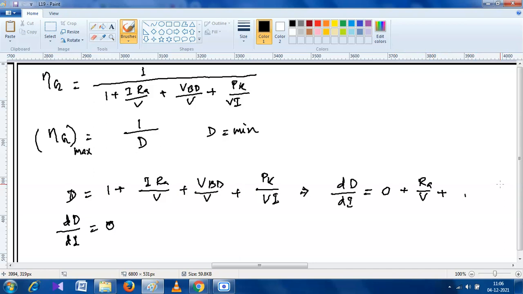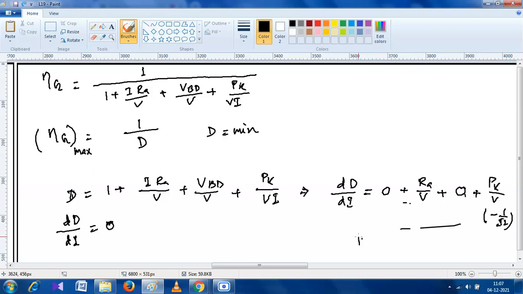The VBD and V are constant, because we consider the brush voltage drop constant and the supply voltage constant. So the term VBD by V is a constant term. What is the derivative of a constant term? 0. Then Pk is constant and V is also constant. What is the derivative of 1 by I with respect to I? Minus 1 by I square. Good.